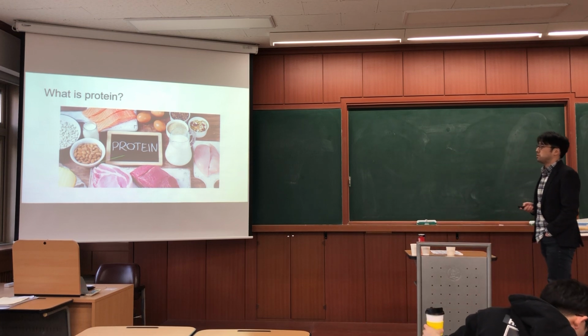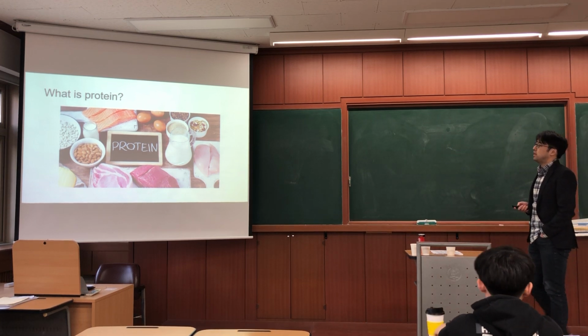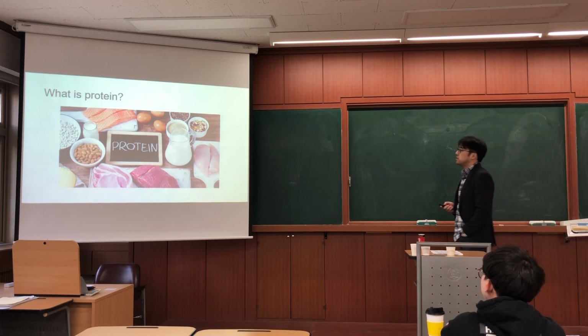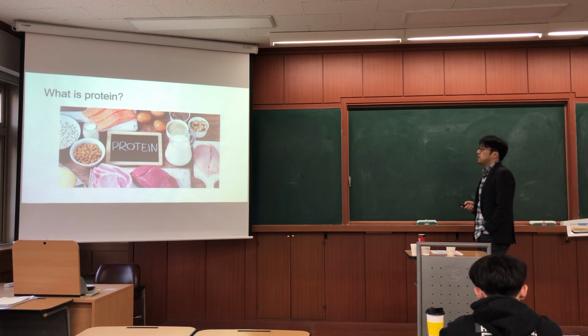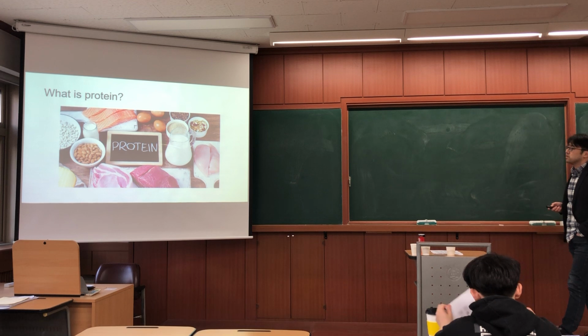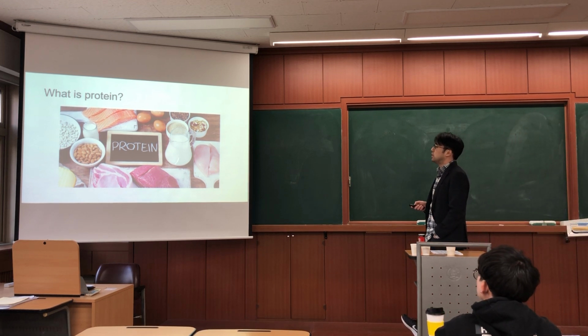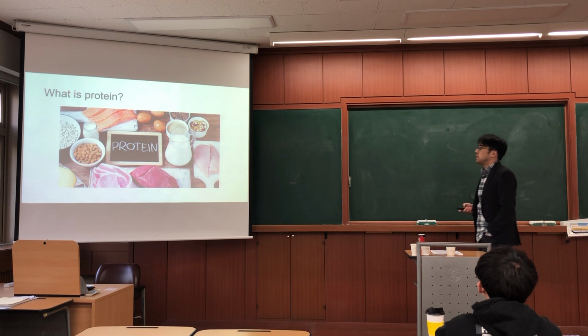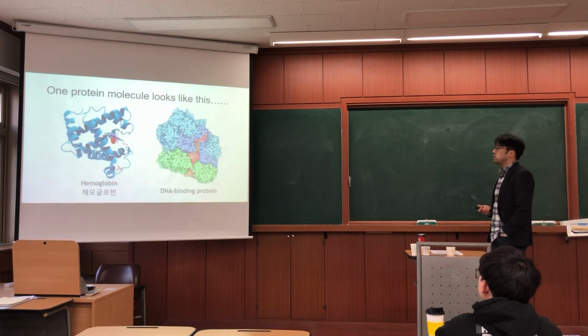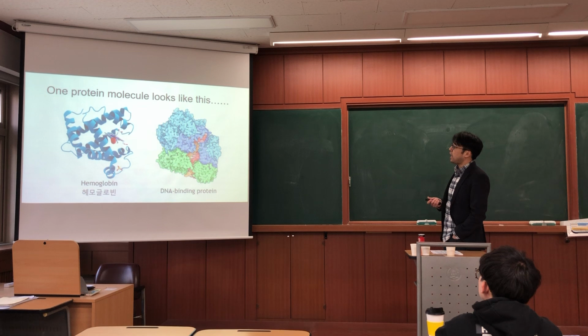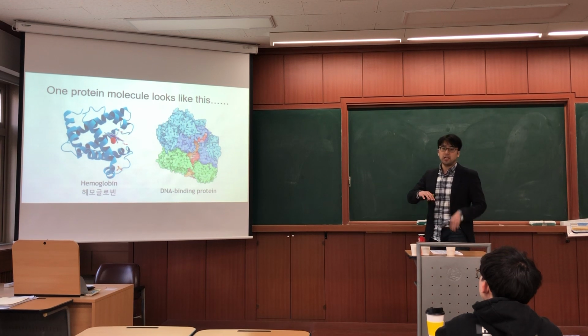So what is protein? Proteins are in meat and in milk, and proteins are rich in many foods, which is essential for living organisms, right? But proteins are chain molecules, biological polymers.